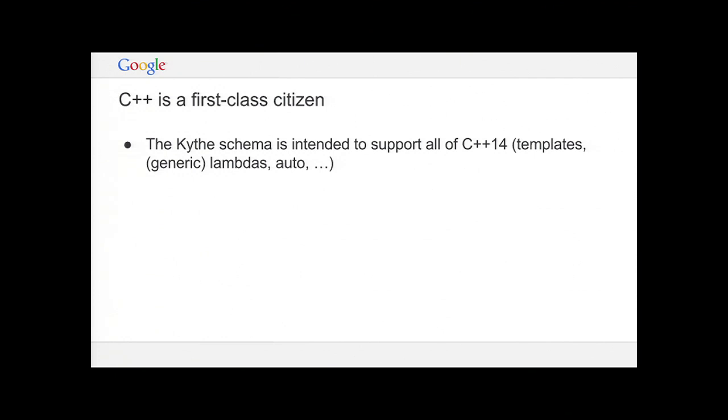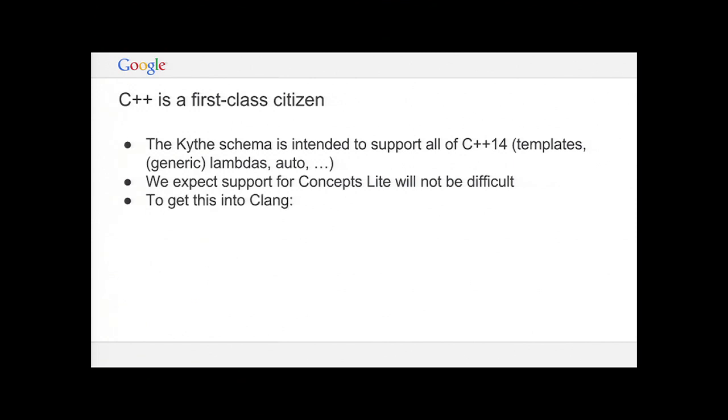We want to support all of C++14. Templates, generic lambdas, auto. Because of the way that we represent C++'s version of parametric polymorphism, templates, should concepts lite be ratified, we expect that support will not be difficult, or whichever kinds of constrained parametric polymorphism are eventually accepted. That won't be hard, because we have that refactored representation of type abstraction that I showed you.